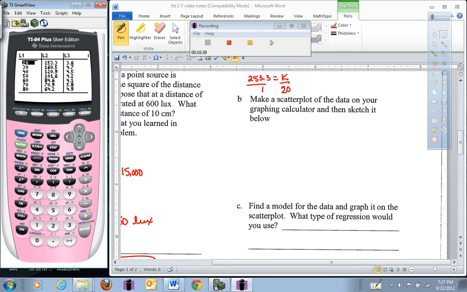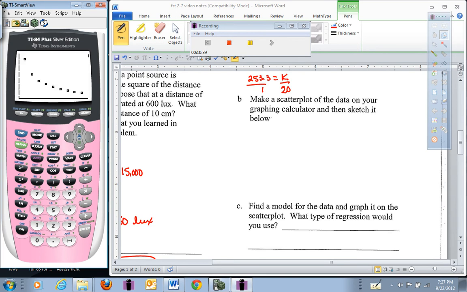I'm going to go up here to my y equals, turn this on, and make a scatter plot of that data. I'll just put it on a zoom 9 window.